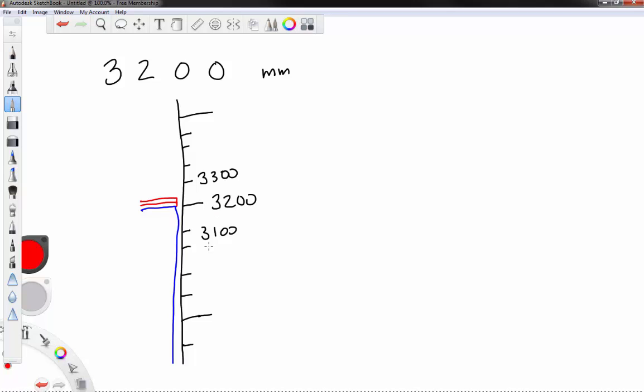I might try to guess at what fraction of a millimeter this is, but if you pick up a meter stick, and since most of you watching this are in my lab, you will pick up a meter stick or a ruler or some such thing, and you can look and see how big a millimeter is. You can guesstimate, but you're probably not going to get much better than plus or minus 0.2 or 0.3. Odds are it's going to be more like 0.5 or half of this increment. So in this case it'd be 50 millimeters.